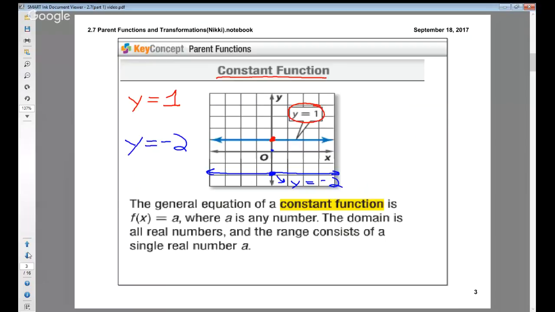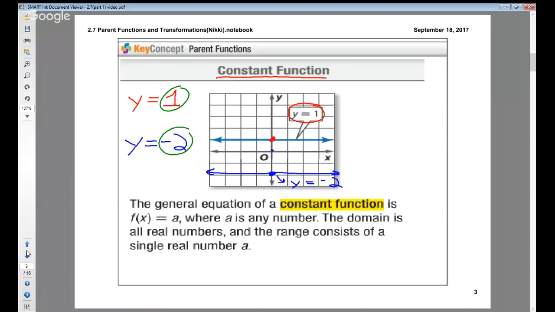So again, any constant function is always going to be equal to a constant, and the graph of a constant function will always be a horizontal line. So that one's the easiest to remember.